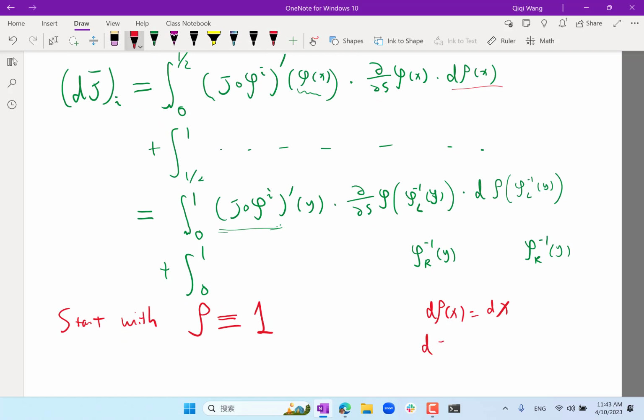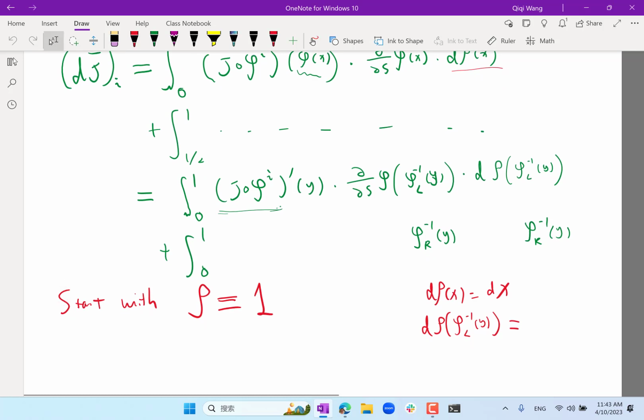And d rho of phi inverse of y is equal to, since I'm changing y by that much, x would change at a smaller rate. So it's actually going to be equal to dy divided by the derivative of phi at the preimage.